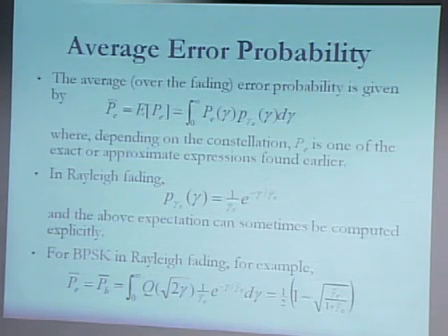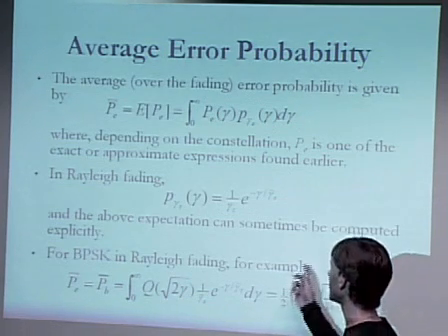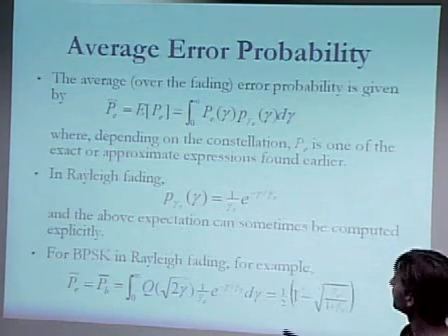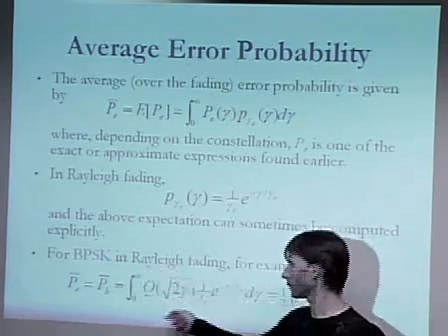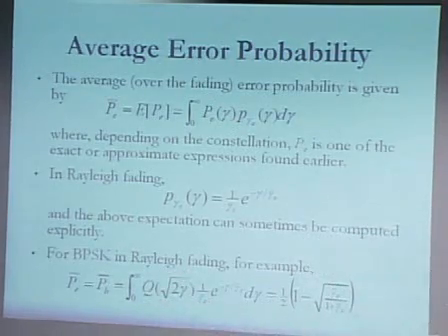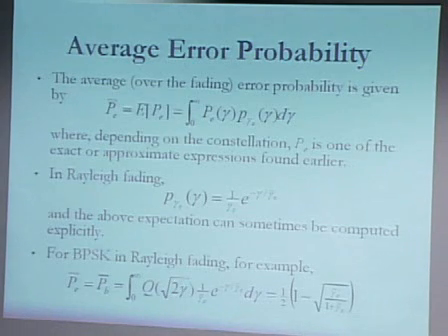So sometimes we can plug this into this integration, and if PE is sufficiently simple, we can solve this in closed form. For example, for BPSK in Rayleigh fading, PE is this Q function, remember? We just derived this like an hour ago. It is Q of root of 2 gamma. And the PDF of Rayleigh fading is this exponential.